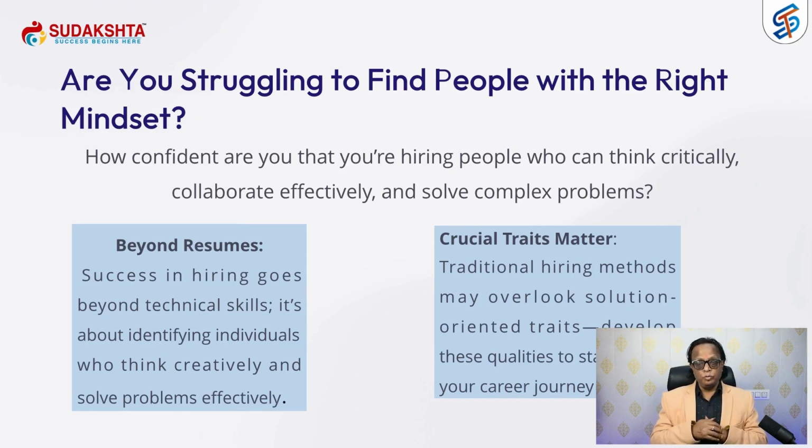So, how do we do this? This Sudakshta solution oriented test helps you to not only understand the insights, but also the alignment. Whether the person is aligned with high performance, moderate performance, average performance, or low performance.